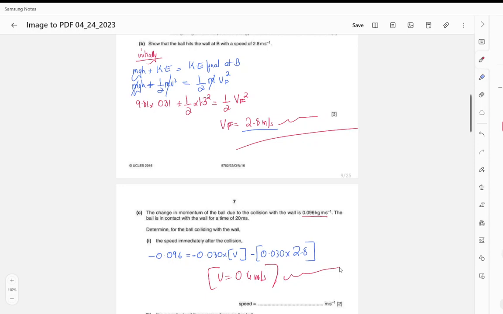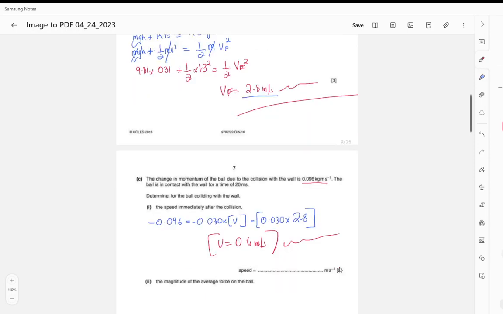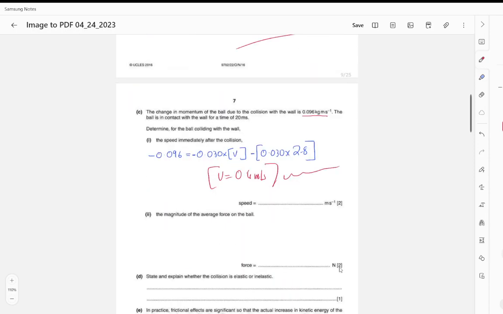That makes sense. Next step, the magnitude of the average force on the ball. So force is equal to change in momentum over the change in time. The change in momentum is on the ball, so that is going to be towards the left hand side. So minus, oh, they are just concerned with the magnitude, so let's just cancel out the minus sign.